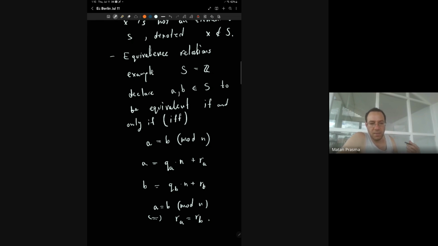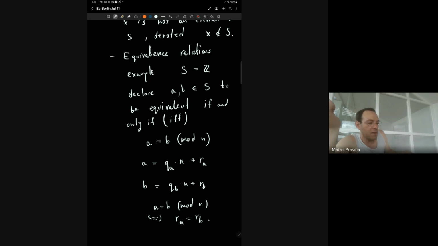And then you can say, okay, after I have this equivalence relation, or after I declare two integers to be equivalent if and only if they are equal modulo N, what do I get when I quotient out, when I mod out this equivalence relation? I want to look at the integers from the point of view of this relation.